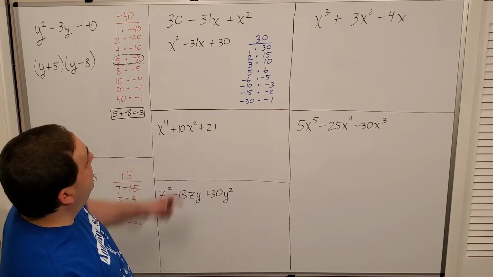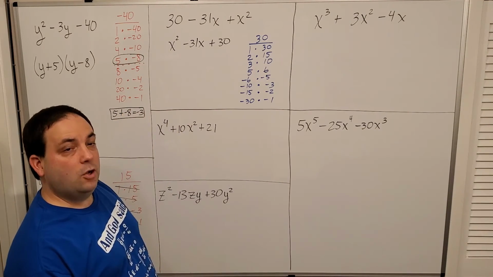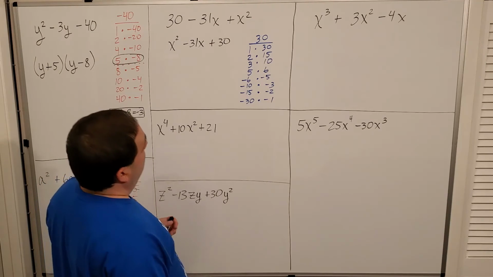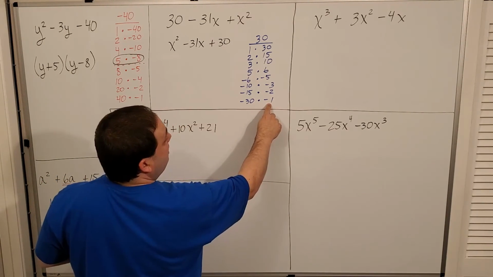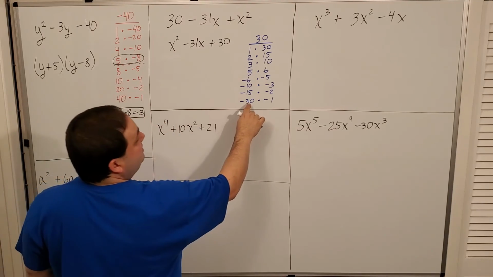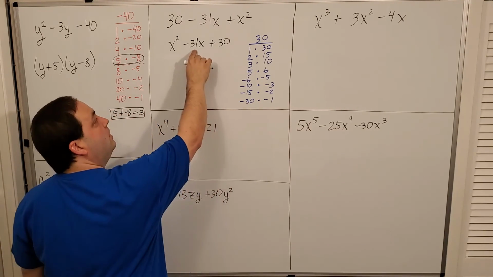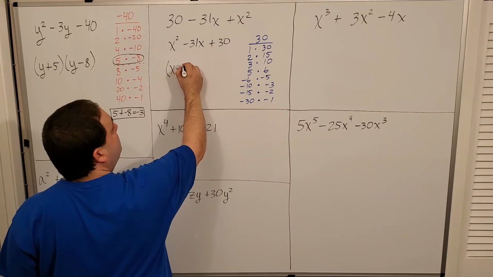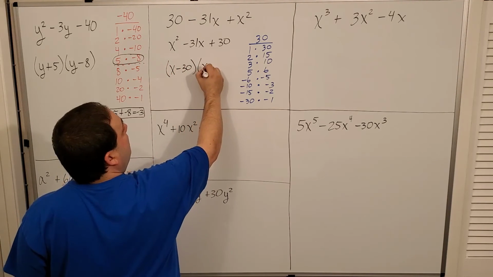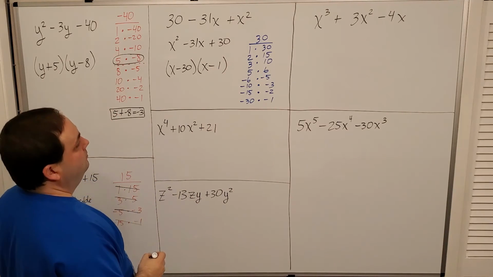And I need two things that add to negative 31. So I will choose the negative 30 times negative 1, because negative 30 plus negative 1 is negative 31. Therefore, this factors into x minus 30 times x minus 1.